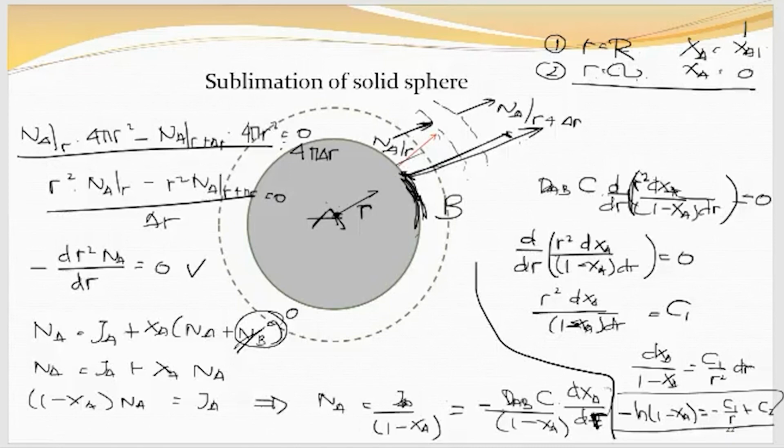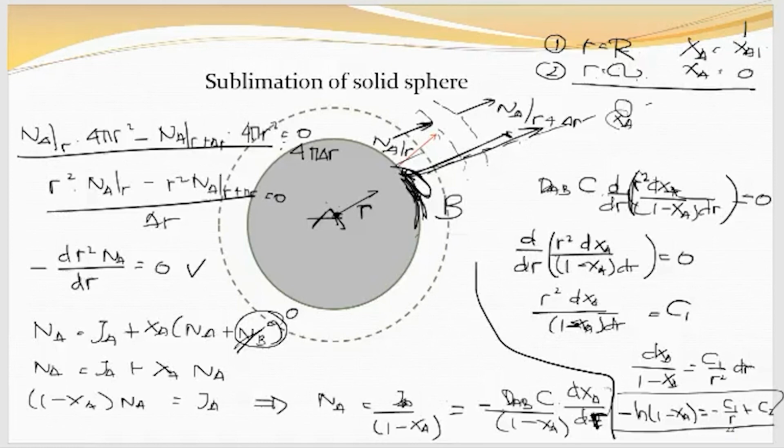Actually, because A will travel across here, the A concentration at the surface of the ball will be high. And the A concentration when we stand far enough from the ball will be very, very low.